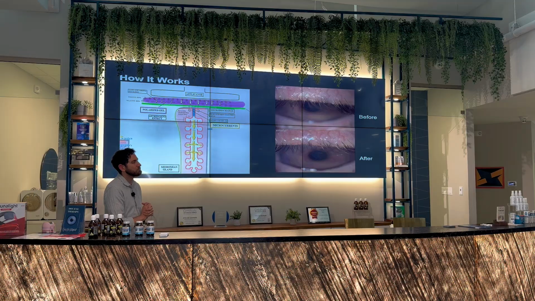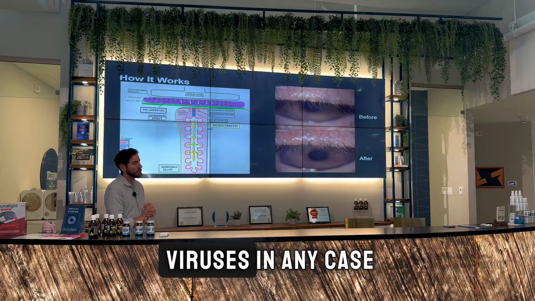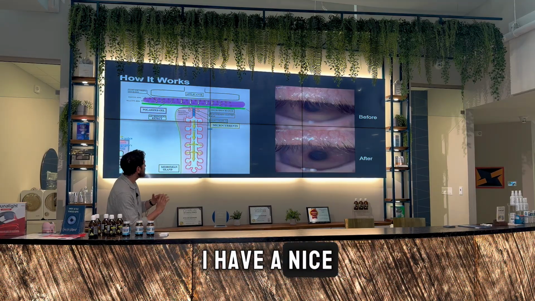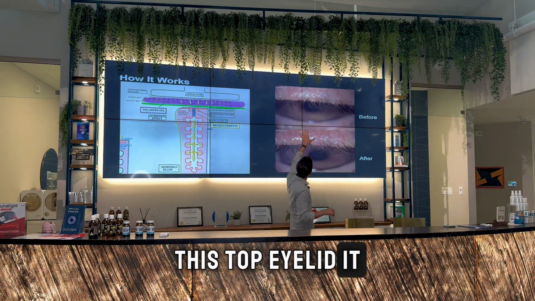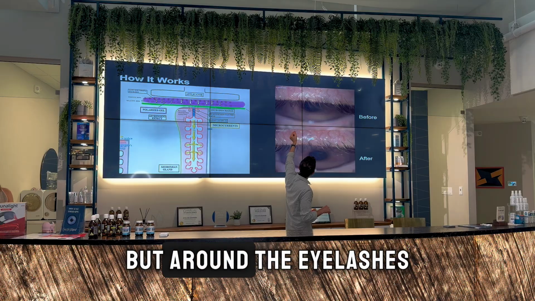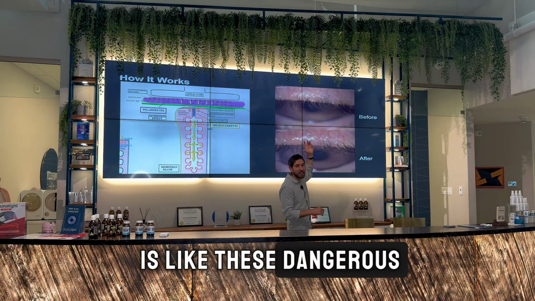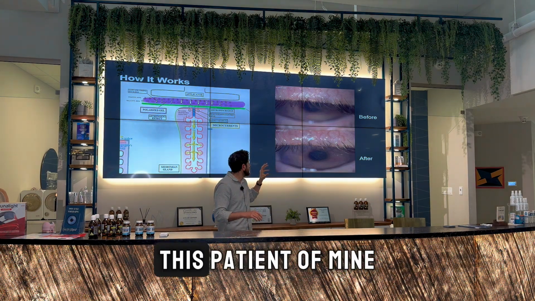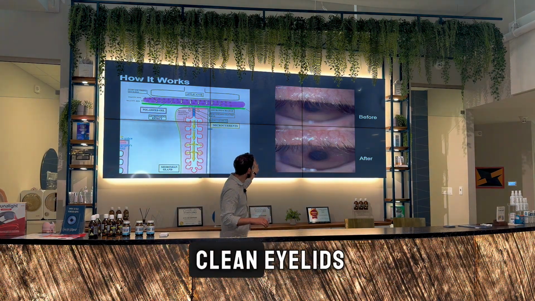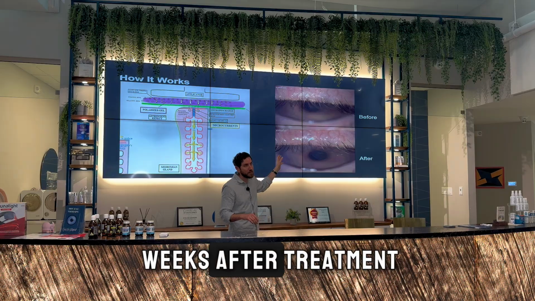But it could probably kill viruses. In any case, I have a nice example here. This top eyelid, it might be difficult to see, but around the eyelashes is like these dandruff-like flakes. That's blepharitis and Demodex. This patient of mine, clean eyelids now, that's about 3 weeks after treatment.